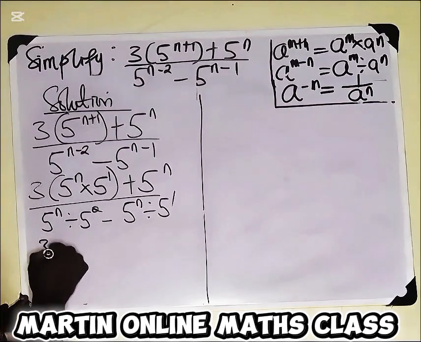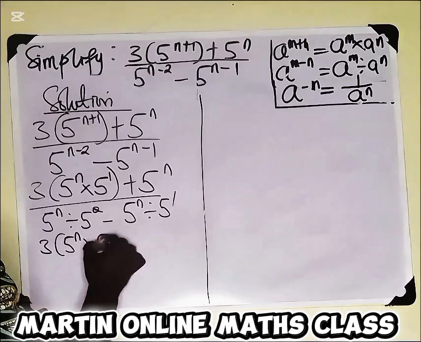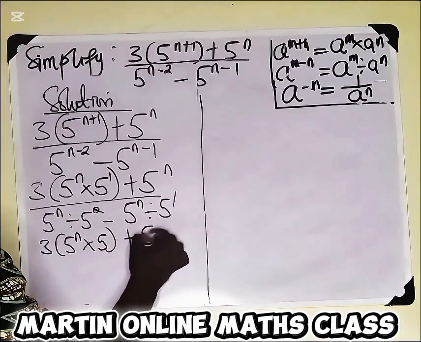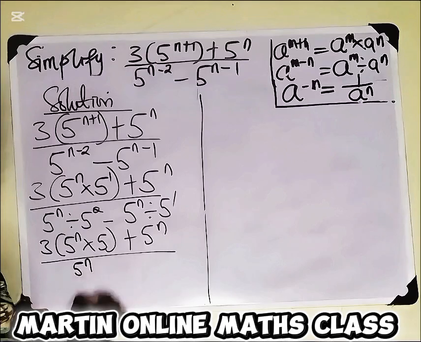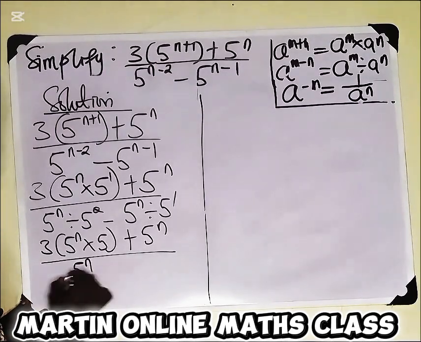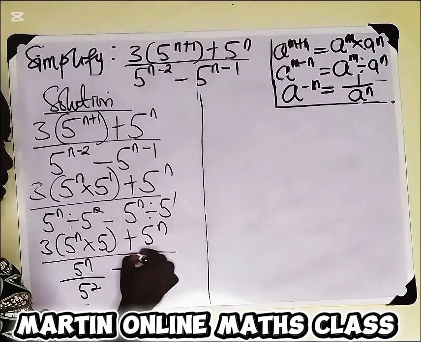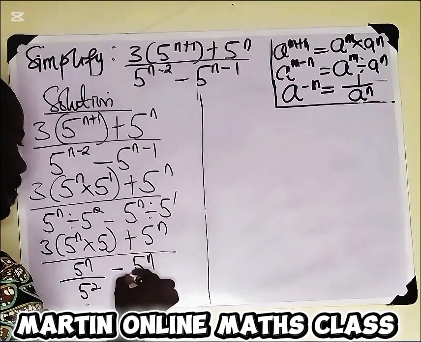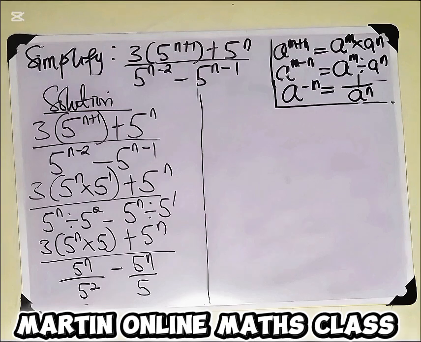So we have 3(5^n times 5 plus 5^n) all over 5^n over 5^2 minus 5^n all over 5. Nothing changes. They are still the same thing.